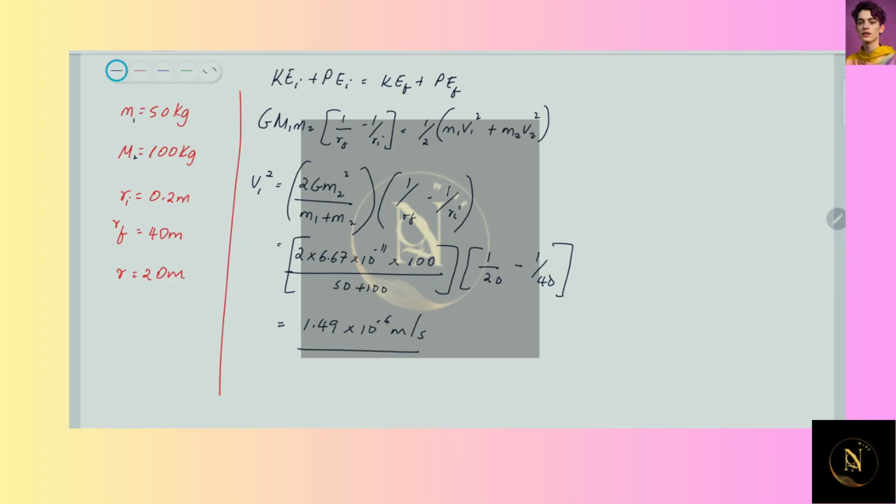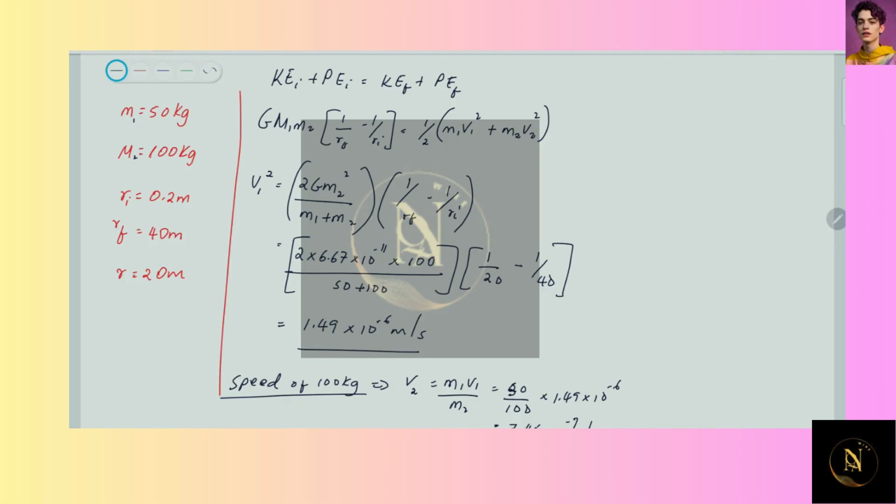So therefore the speed of the 100 kilogram sphere will be given as V2 equals M1 V1 over M2, factoring in 50 over 100 multiplied by 1.49 into 10 to minus 6, and you'll have a velocity of 7.45 into 10 to minus 7 meters per second.